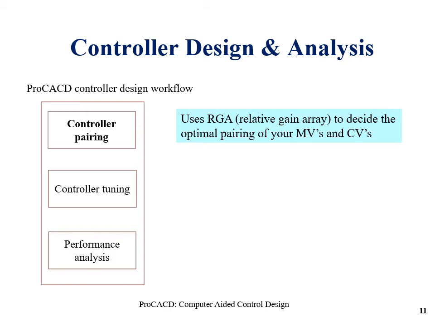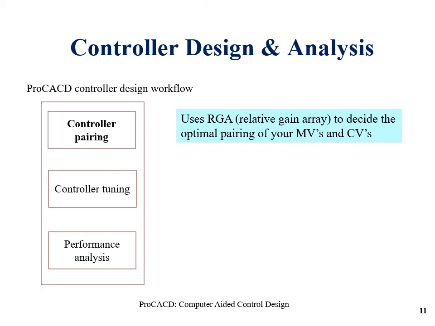Here, relative gains of the diagonal elements close to 1 and of off-diagonal elements close to 0 indicate a very good selection of variables, or a very good pair of MV and CV. Similarly, values close to 0.5 for off-diagonal elements indicate a very strong interaction.